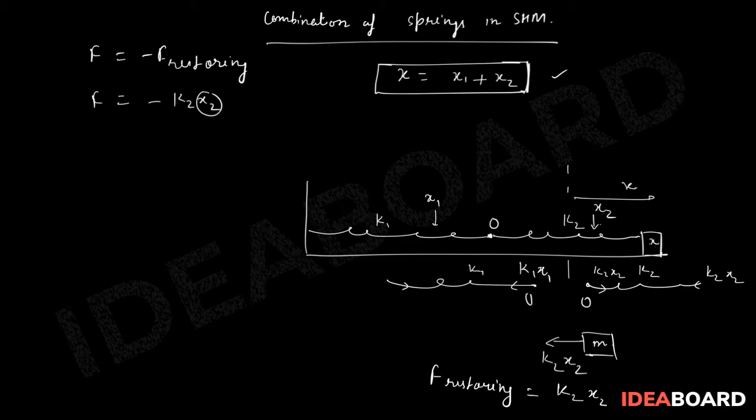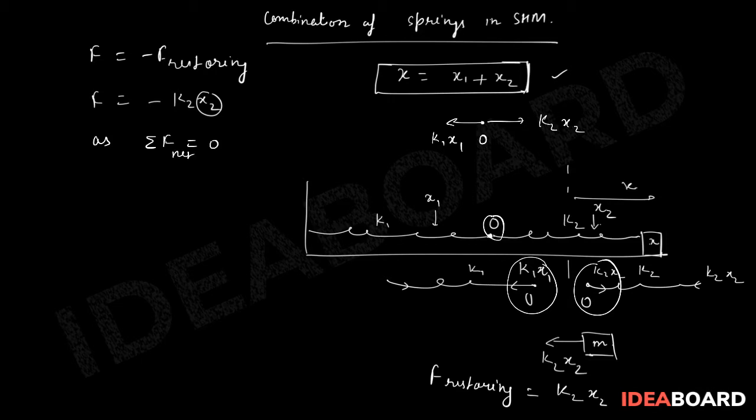Now there is another way of doing that in order to find the relation. If you draw the FBD of point O, this is the point which is the junction. It has force K1 x1 this side as you can see here, and K2 x2 on the opposite side. And we know that summation of F net will be equal to 0 for a point, right?